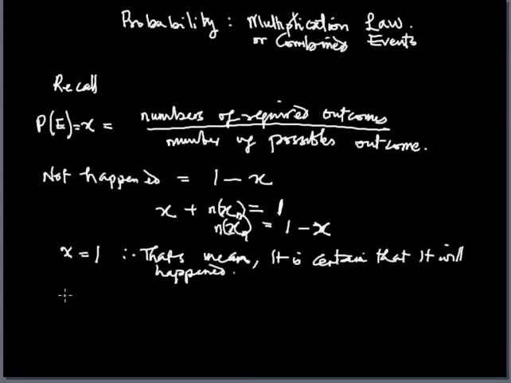What if you have x equal to 0? That means it is not going to happen. It is certain that it is not going to happen.